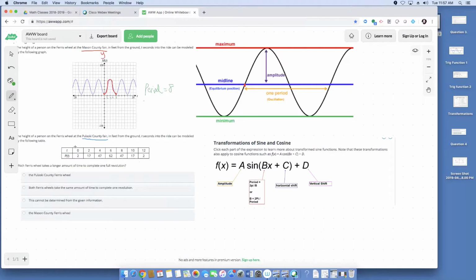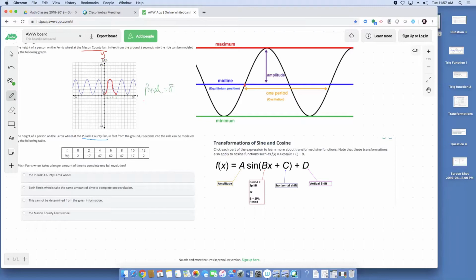Okay, so now let's look at this table. It's represented differently, right? It's not a graph where you can find the start and stop position. We were using a table. So what did we look for? We looked for what repeats.